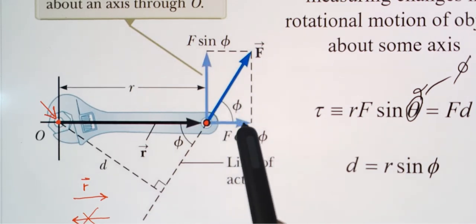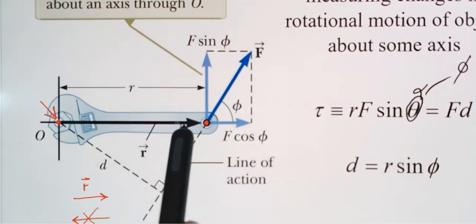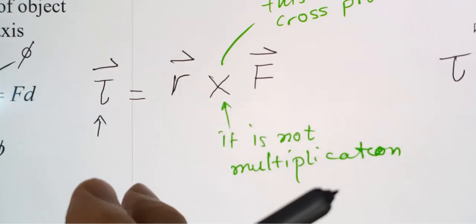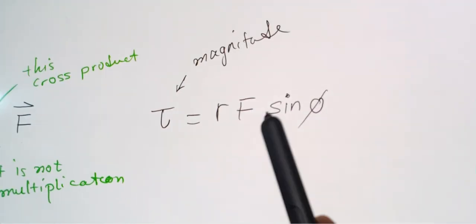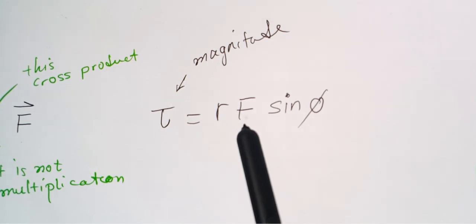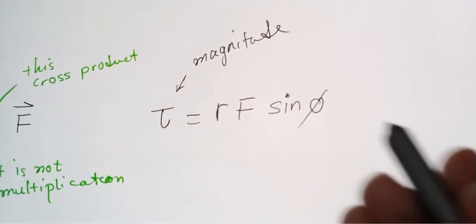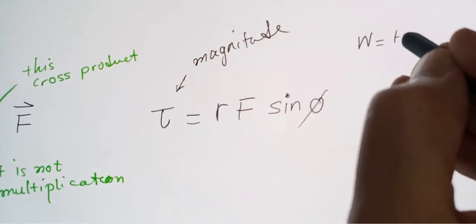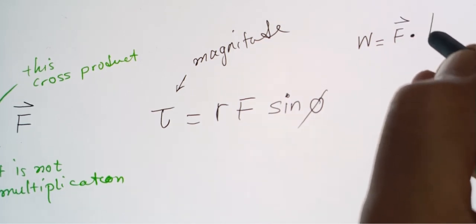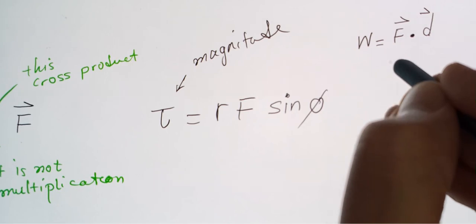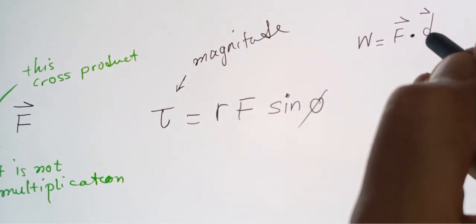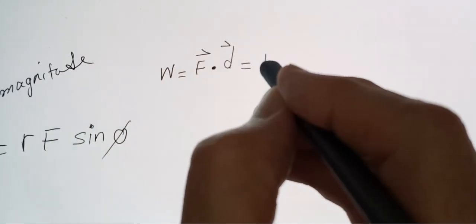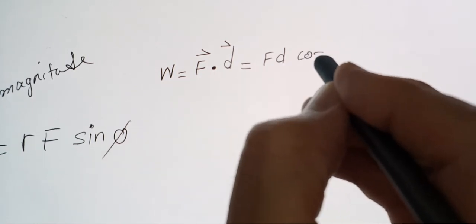Phi is the angle between the vector R and the vector F. Do you remember when we talked about work? By the way, we said work is equal F dot D, and this is a dot product between two vectors and it will give me just a magnitude, and at that time we said it is F D cosine theta.